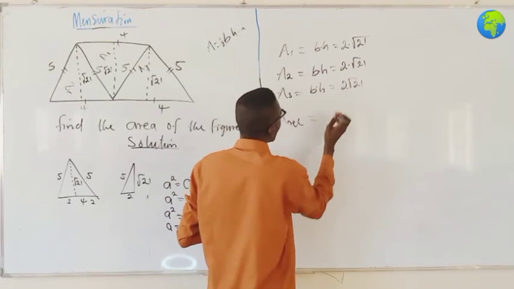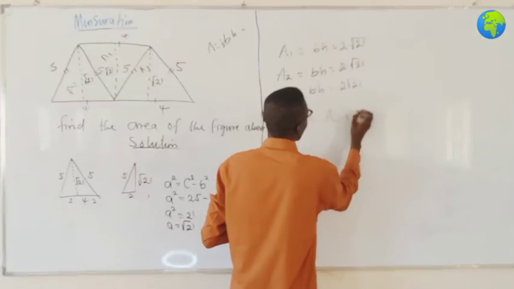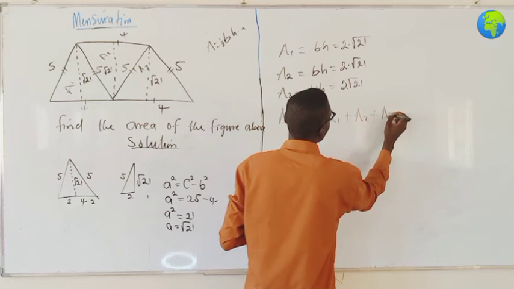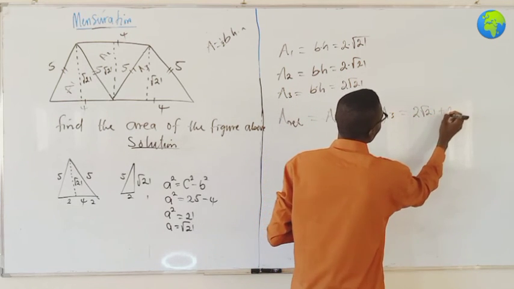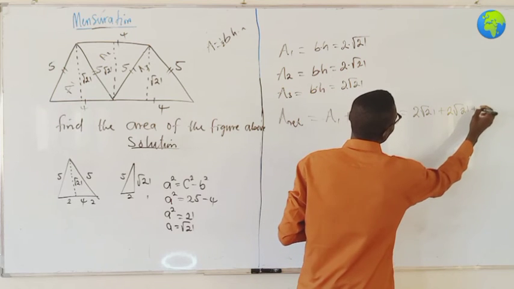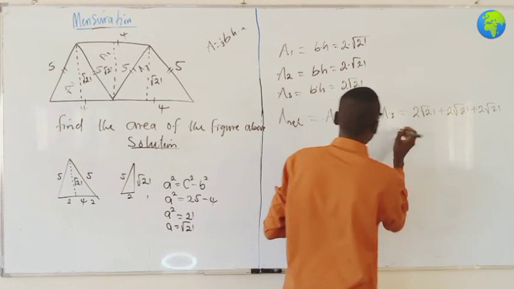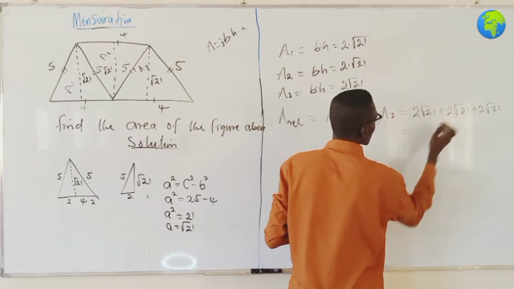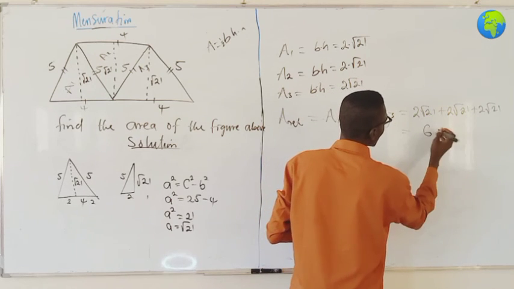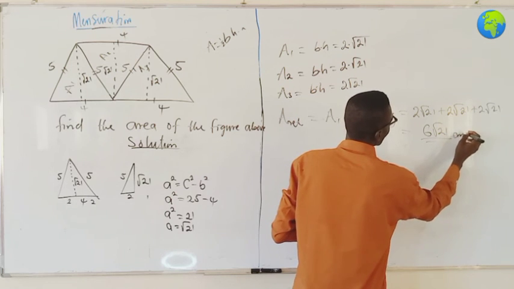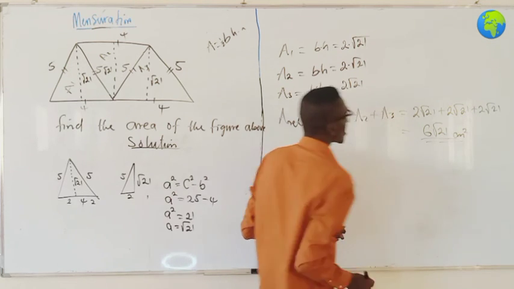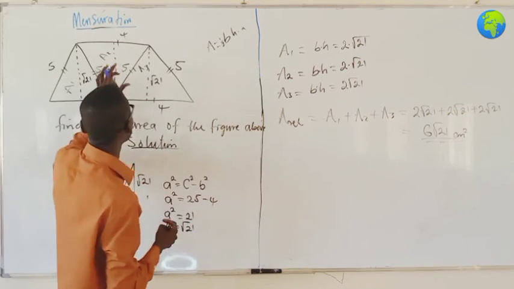That's going to be A1 plus A2 plus A3, which equals 2 root 21 plus 2 root 21 plus 2 root 21, which is 2 plus 2 plus 2, that's 6, times square root of 21, sorry, this is centimeter squared. So this is actually the area of the shape.